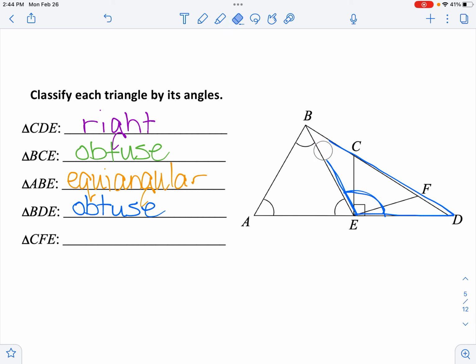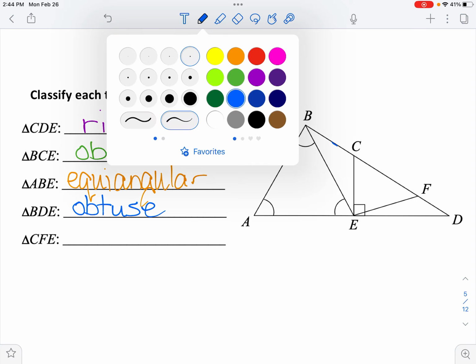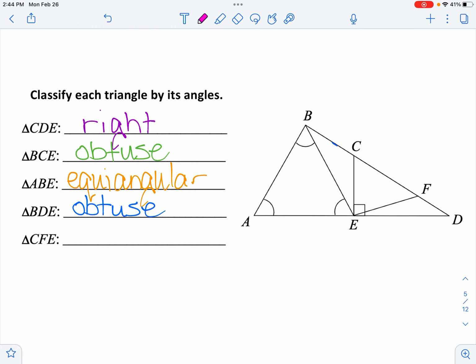All right, lastly, C, F, E. Okay, all 3 of those angles are less than 90, so this would be an acute triangle.